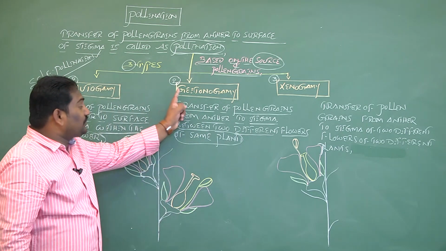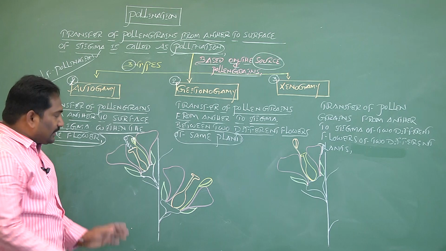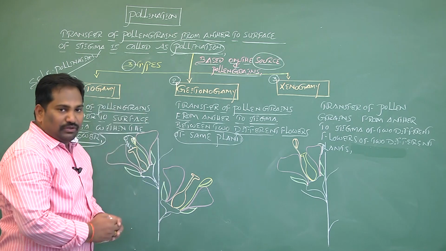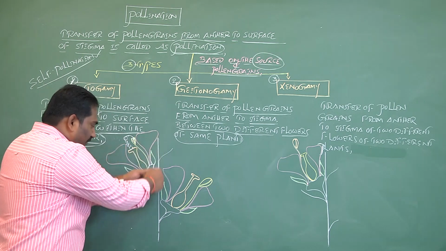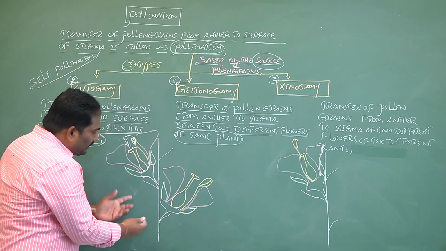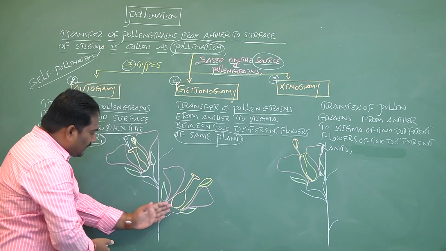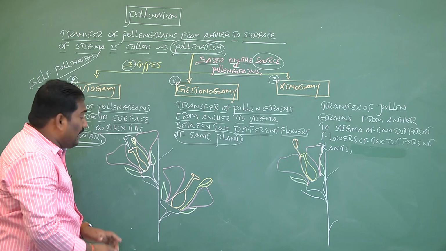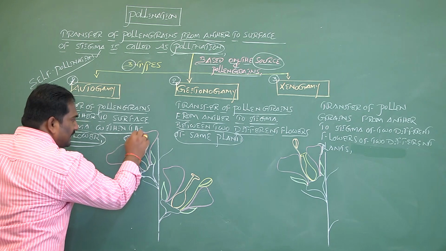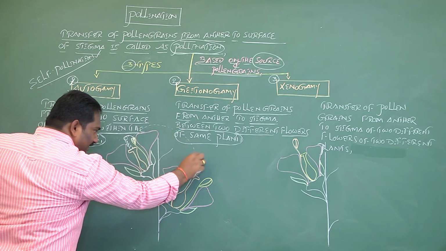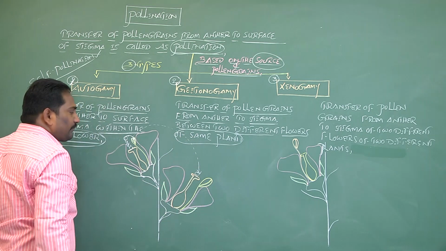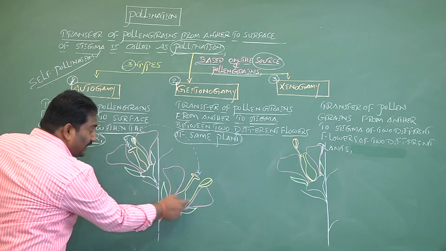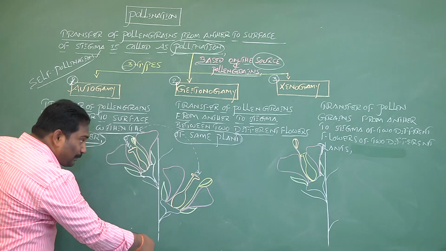Diagrammatically, I can explain what geitonogamy is. For example, this is one plant having different flowers. This is one flower and this is another flower. The transfer of pollen grains from anther to stigma between 2 different flowers of the same plant is geitonogamy.